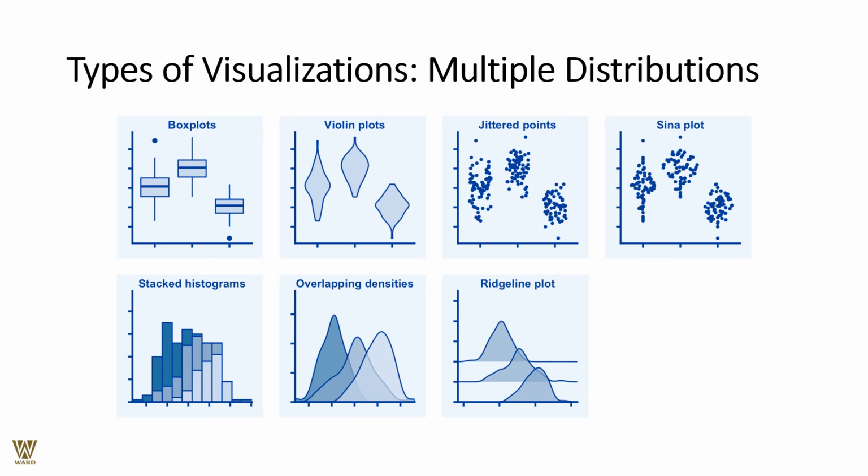The sina plot is something similar. Here we can have a plot over a plot, such as a stacked histogram, overlapping densities and a ridgeline plot, as the case might be. Look at this video and see what is meant by box plot, violin plot, jittered plot, sina plot, stacked histogram, overlapping densities and ridgeline plot.